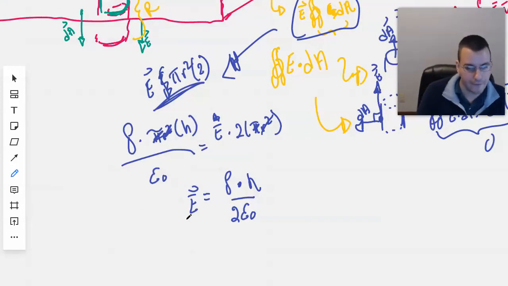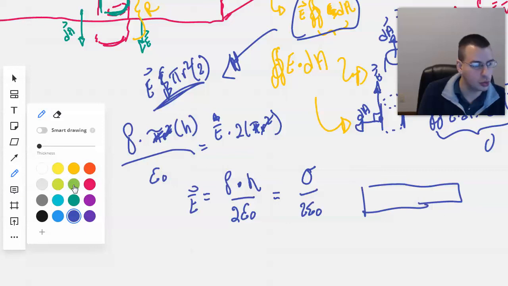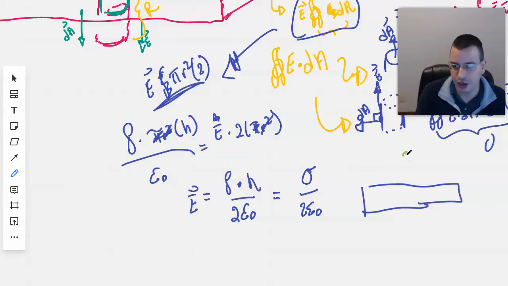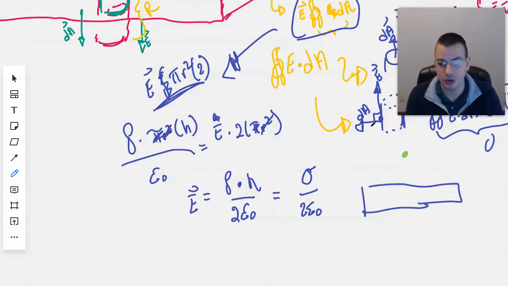So I'm going to rewrite this briefly without explanation: sigma over 2 epsilon naught. So we have a plane and we're trying to find the electric field at this point. We did it by drawing a Gaussian shape, which was a cylinder.